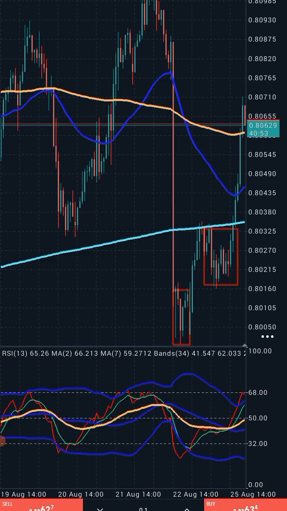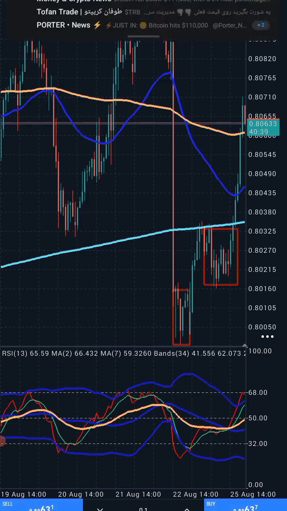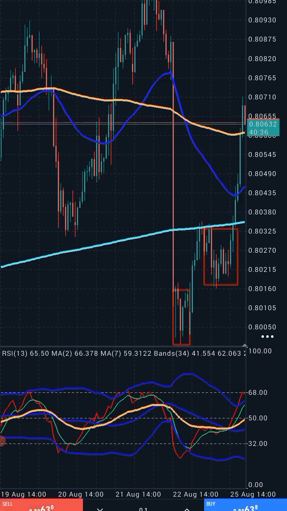If you want to enter a trade, now you have to wait until there is a confirmation, a close on the moving average before you can be able to enter any trade.